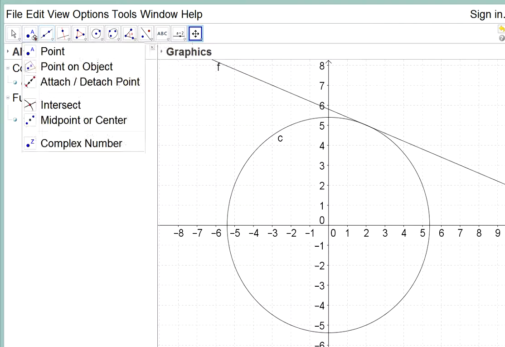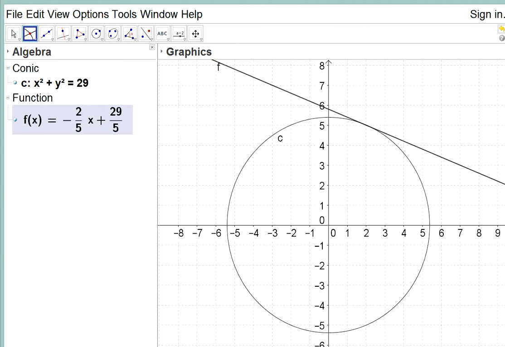I can also demonstrate that by asking GeoGebra to intersect these two objects. The intersection of this line and this circle is at point A, and that point is at (2, 5). So we have indeed found the equation of the line that is tangent to the circle x squared plus y squared equals 29 at the point (2, 5).